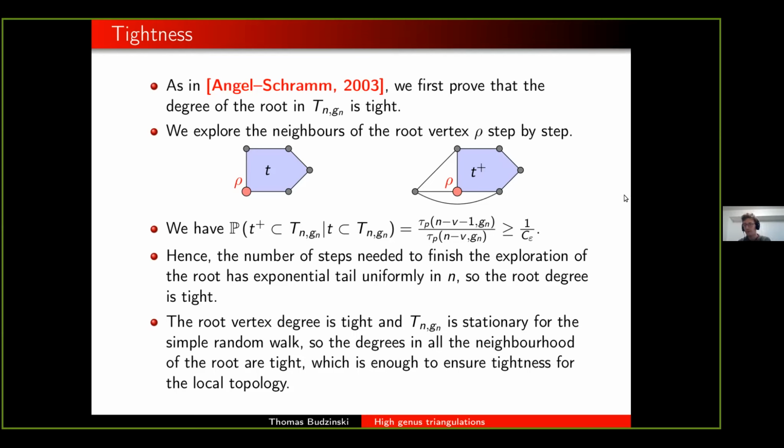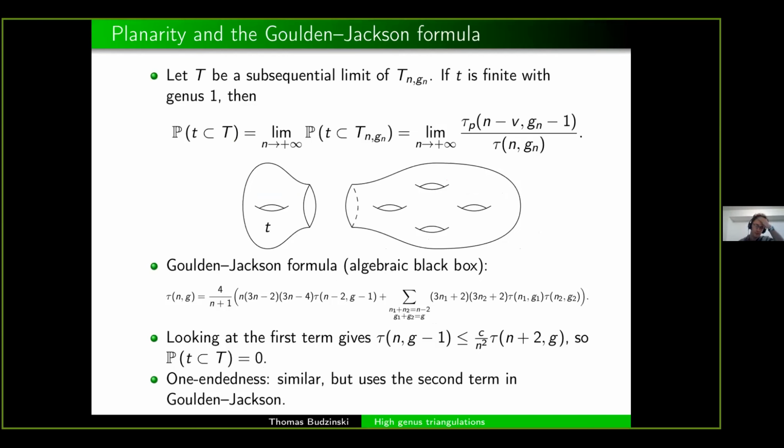And if we know that at each step we have probability at least 1/1000 to complete the exploration of the neighborhood of rho, this is sufficient to ensure that rho cannot have a too large degree. And then the tightness follows from standard arguments. So this is how we prove tightness.